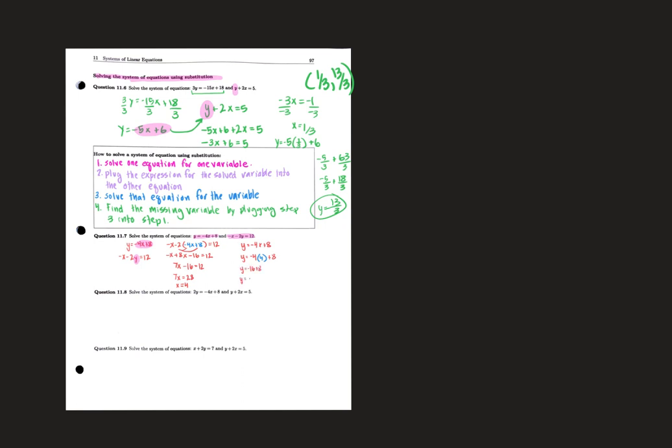So y equals negative 8. So we have our solution is x is 4, y is negative 8, but we like to write that as a point kind of just to show the connection between the two.